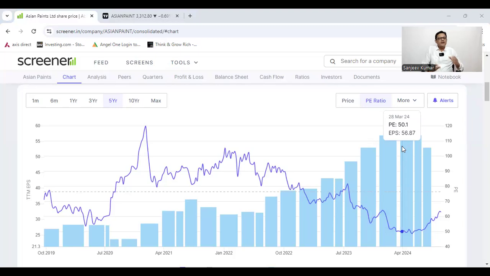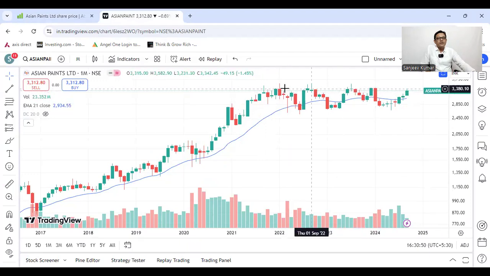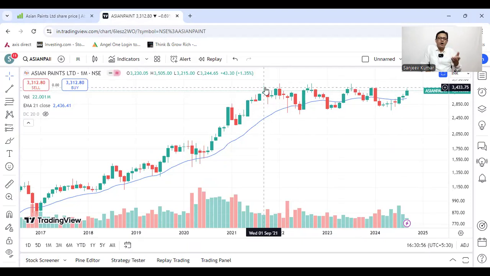EPS means earning per share. It means the company is making more profit compared to earlier. Fundamentally, the company is stronger, even though the share price is not growing and is in a consolidation phase. So how will you understand this?